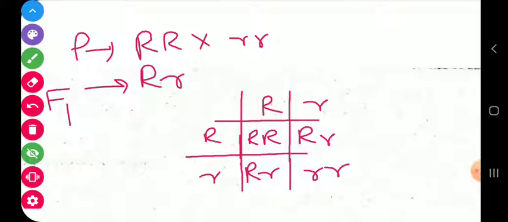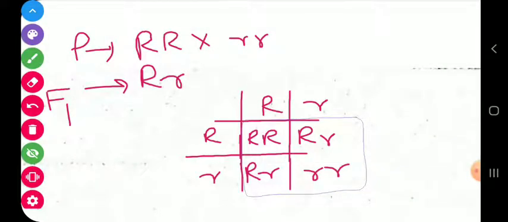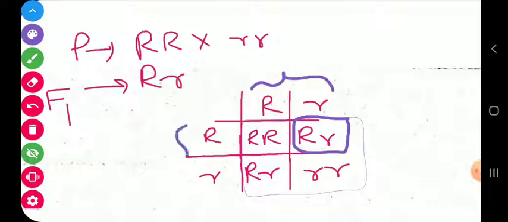Now I'll just give you a shortcut to understand this. Can you see that there are four possibilities here? From those four possibilities, suppose these are the sperms and these are the eggs.